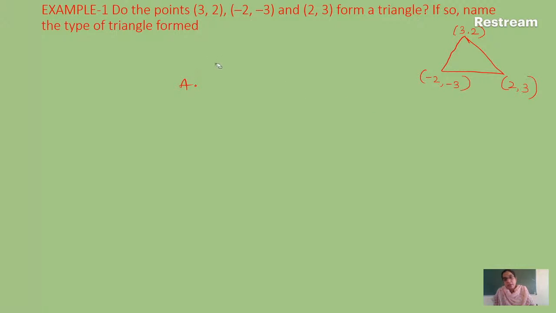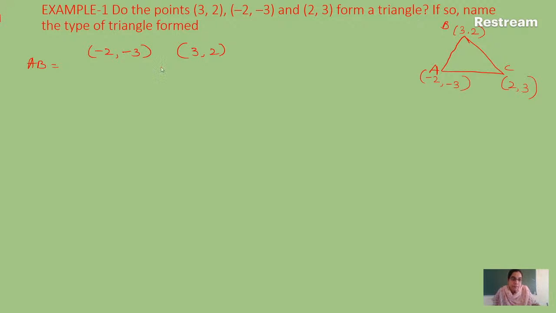Here the points are given. Your work is to first find the distance between the points. If I take these as the points A, B and C, to find the distance AB, what are the points here? Minus 2, minus 3 and 3, 2.